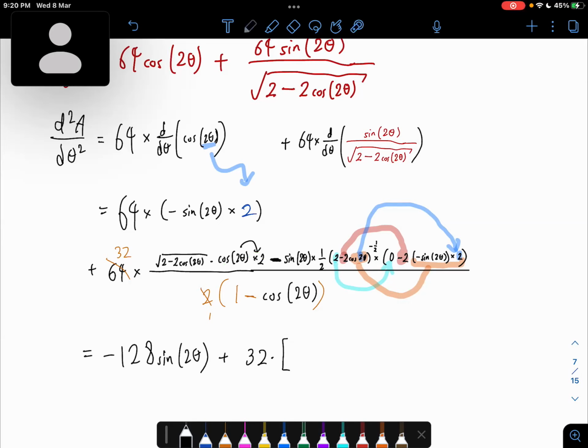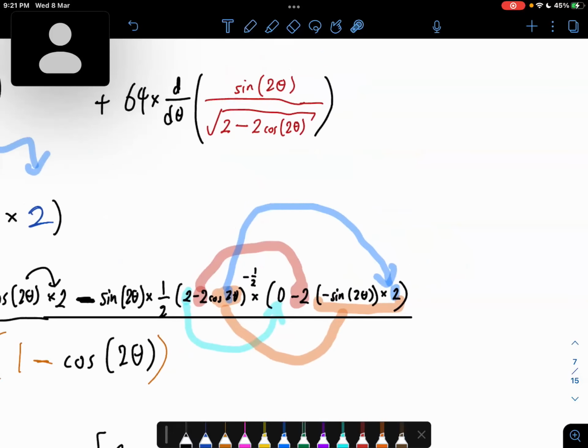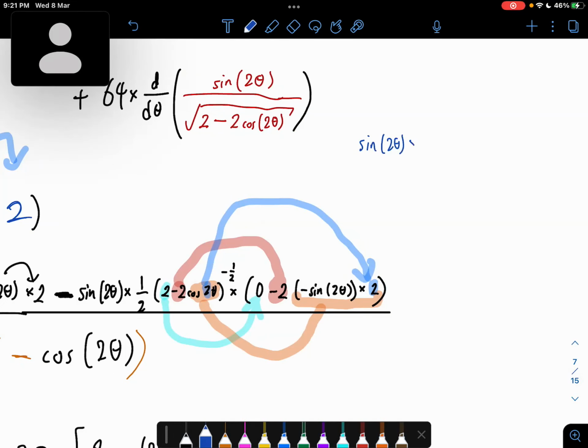So 2 cos 2 theta, I'll write it first. Then I write a square root 2 minus 2 cos 2 theta. Minus, let's see. Wow, this is complicated. Let me just simplify it at the side. Sine 2 theta times half times, this is 1 over square root 2 minus 2 cos 2 theta times what's inside the bracket? 0 minus 2 times minus sine 2 theta times 2.